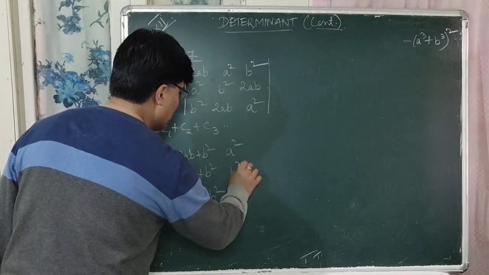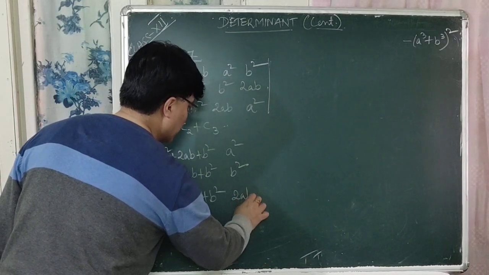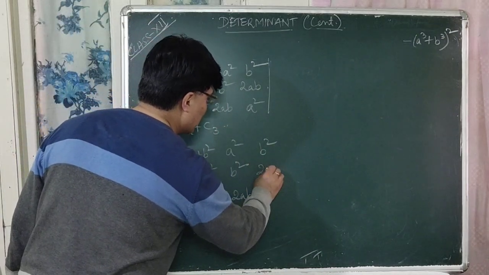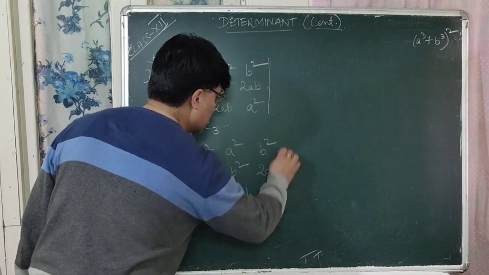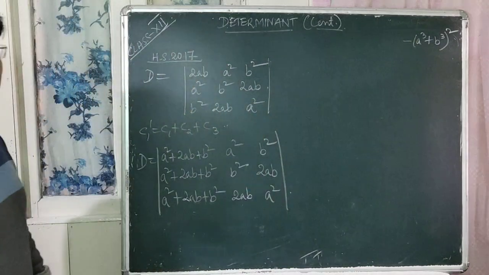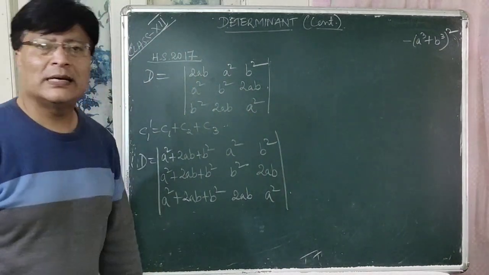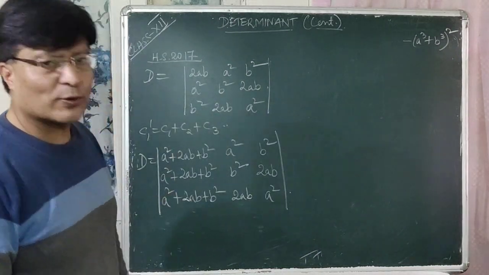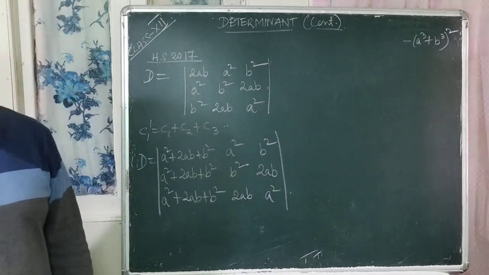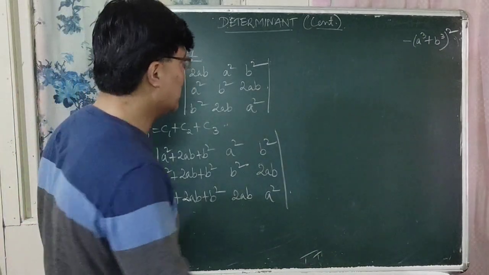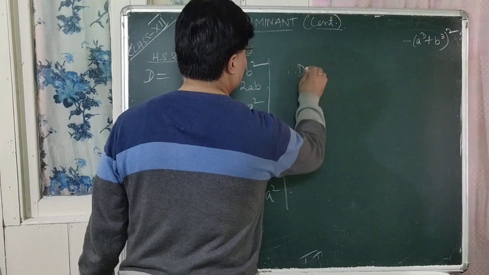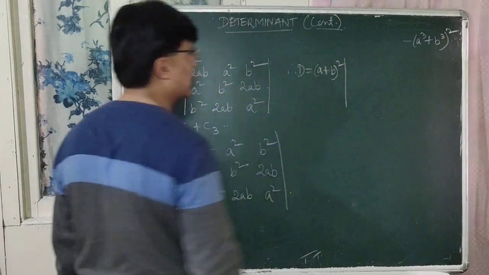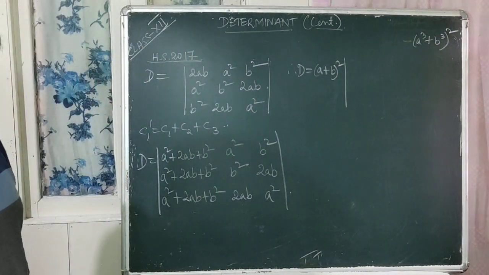A square, B square, 2AB remains same. Third column also remains same, B square, 2AB, and this is A square, right? So second column and third column remain same. So what is common here? A square plus 2AB plus B square is common. You know that it is A plus B whole square, isn't it? So therefore D is equal to A plus B whole square, taken common here from the first column.